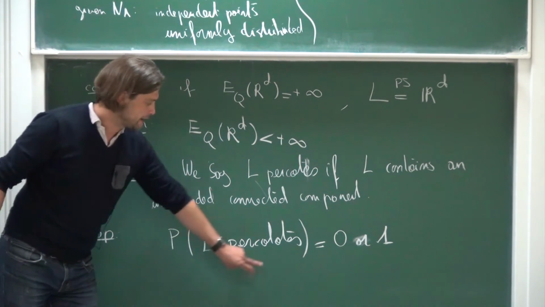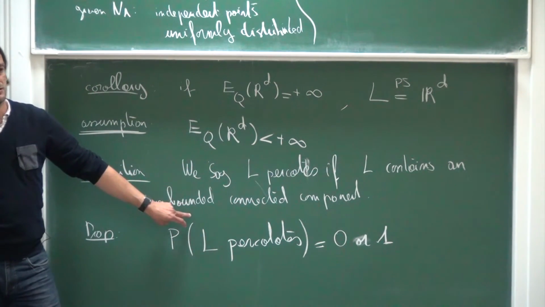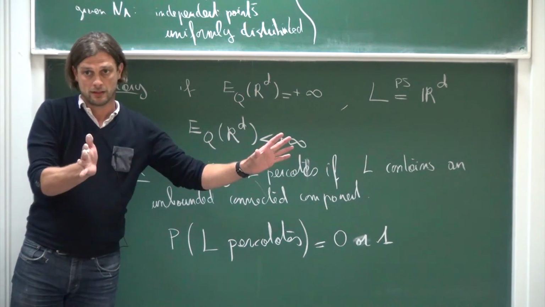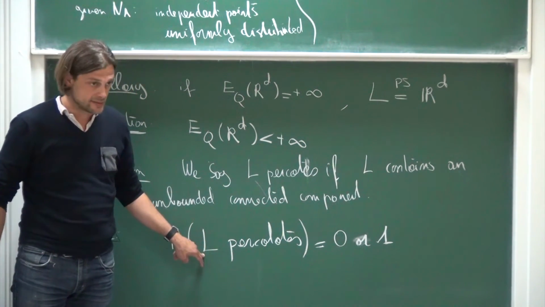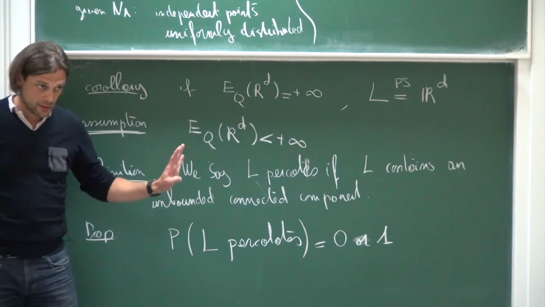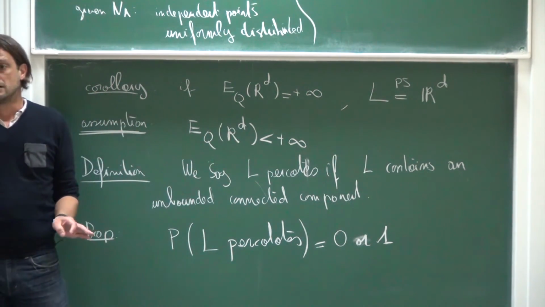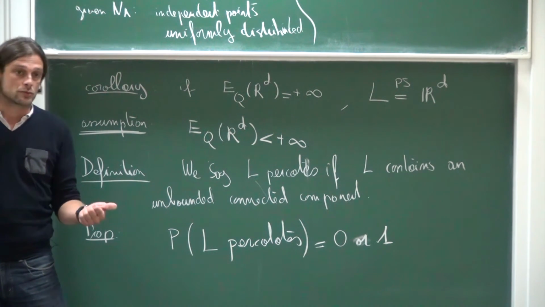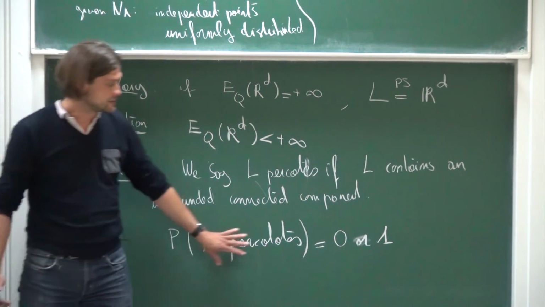This event, L percolates, is shift invariant. If you translate the model, this event is the same. And since the Boolean model is ergodic, which you can prove easily, any shift invariant event has probability 0 or 1. So that is one way to see it.